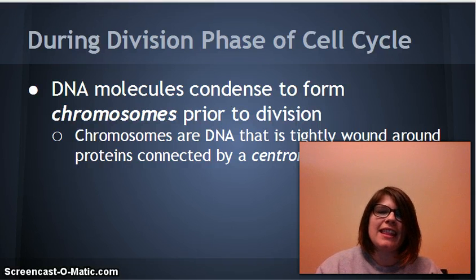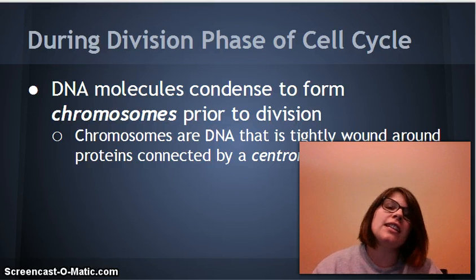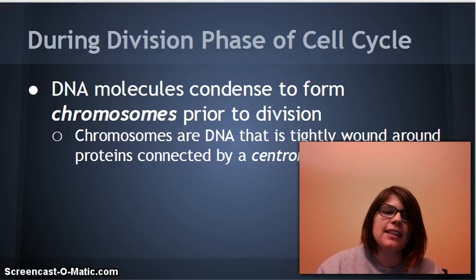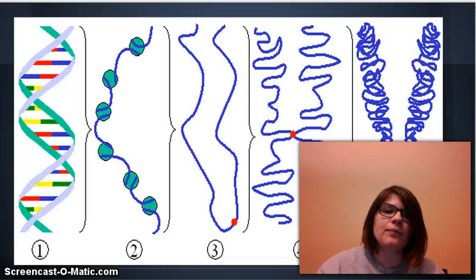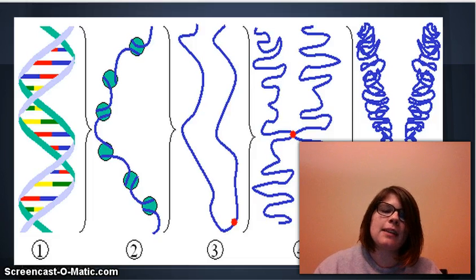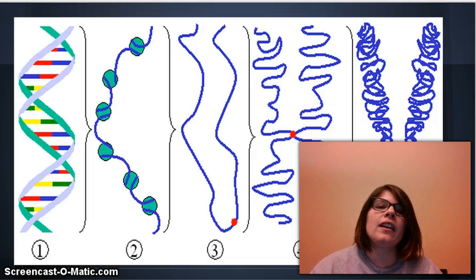Chromosomes are DNA that is tightly wound around proteins. They're connected by a centromere. So that little dot we see in the center is going to be our centromere. Now, go ahead and copy this figure down. That first one you see, that number 1, is going to be the DNA molecule, which you know this, go ahead and write that down.